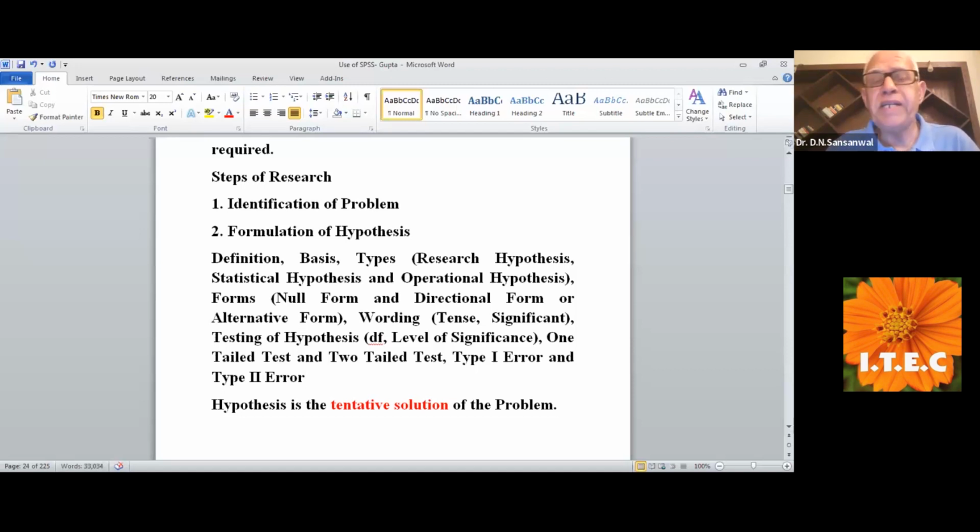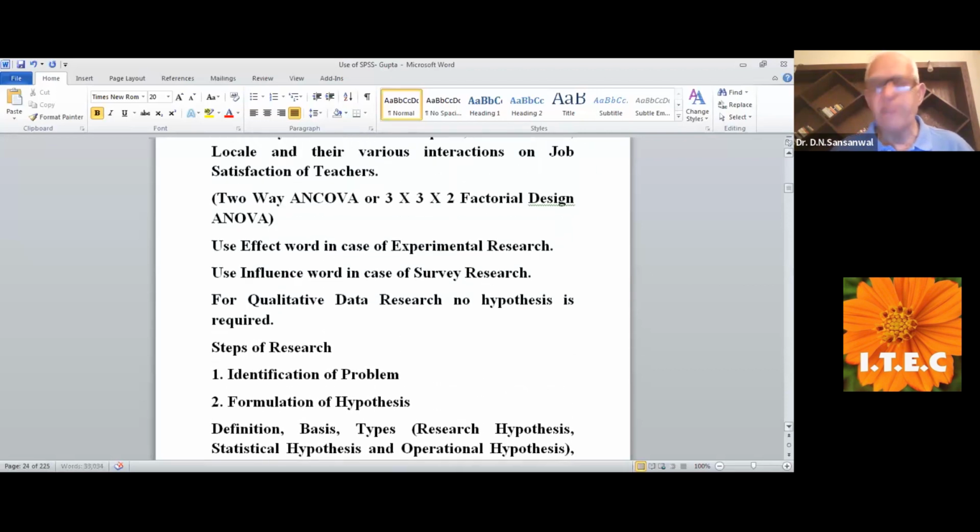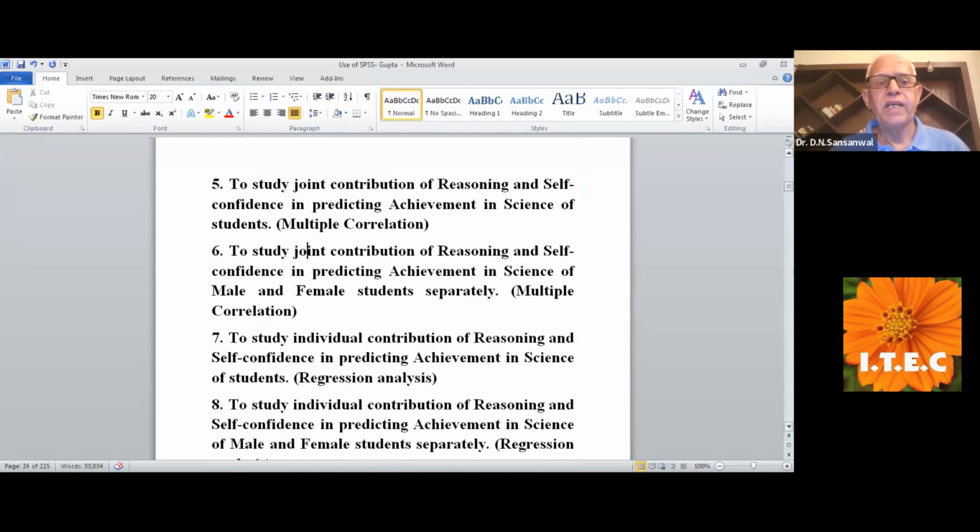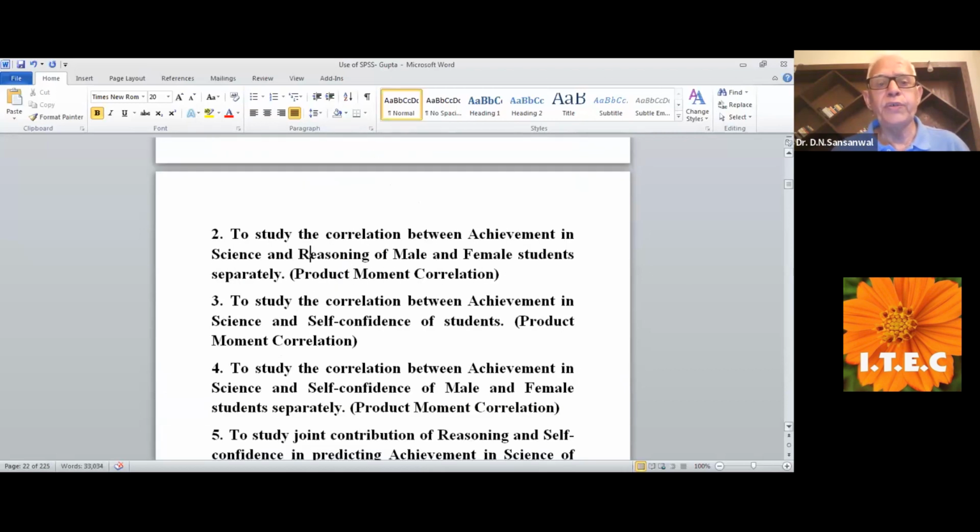So now let me take the example of the quantitative one, and let me tell you how to formulate the hypothesis. So I'm taking the same example which I have already taken, so that it is easy for you to understand.